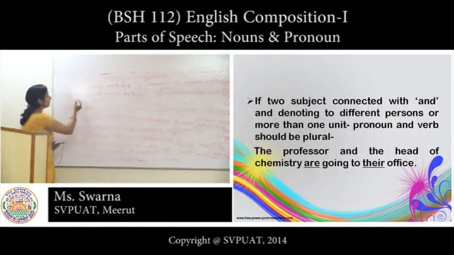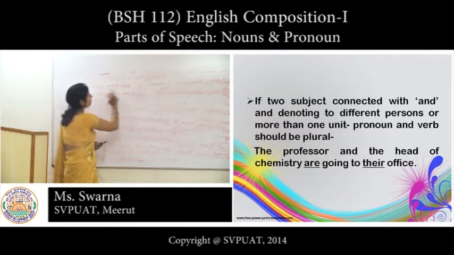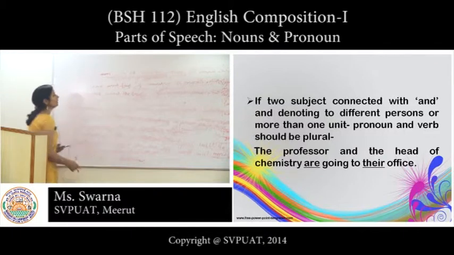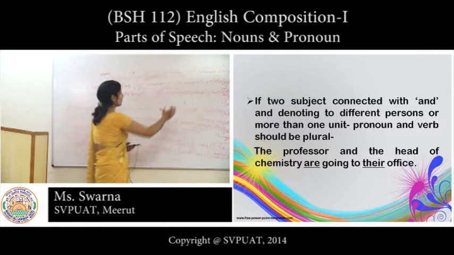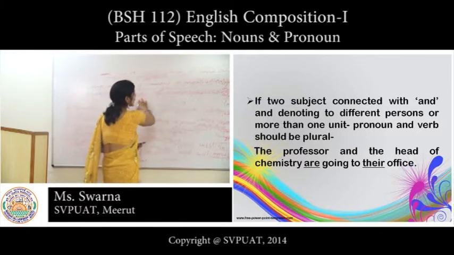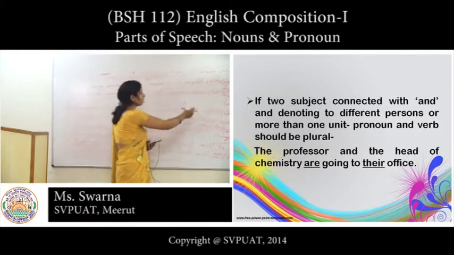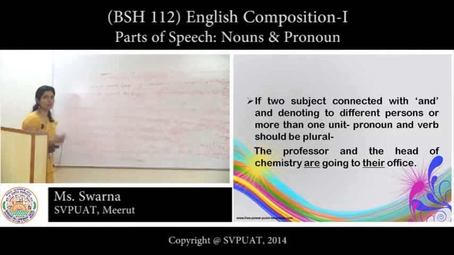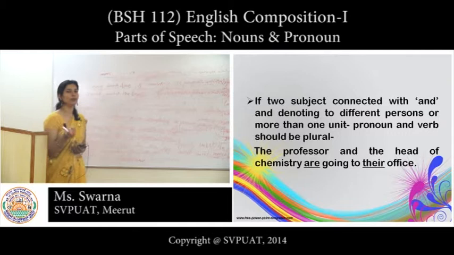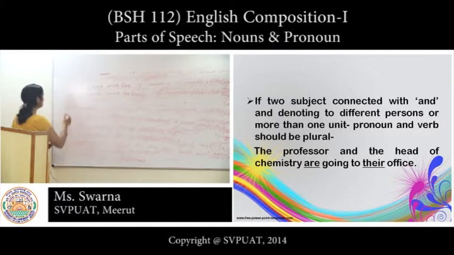But when we write the second sentence and use the article with the head and also with the professor, then it denotes different persons. So we will use are and their, plural verb and plural pronoun with this subject. So you should keep in your mind the rule of how to use a pronoun.